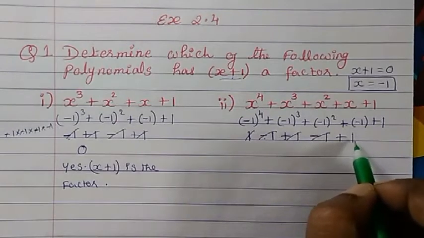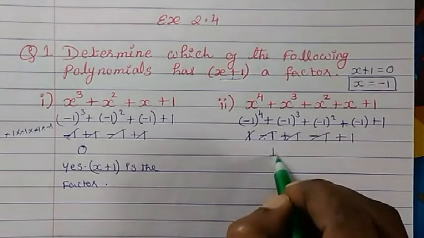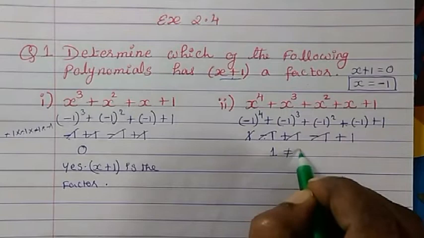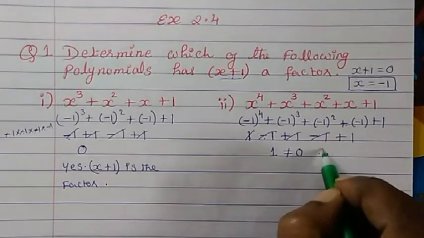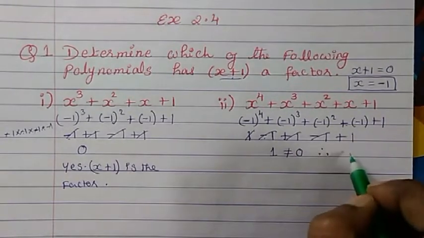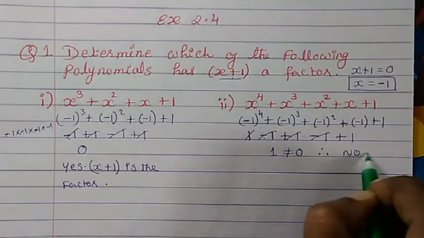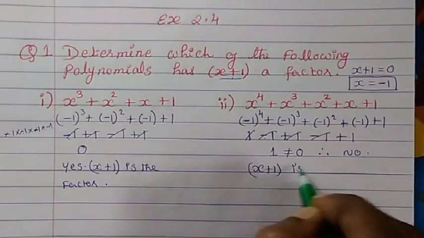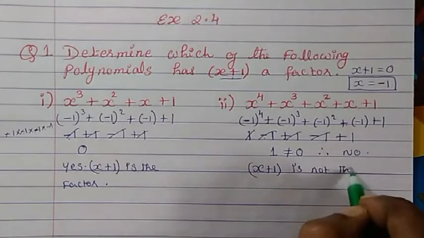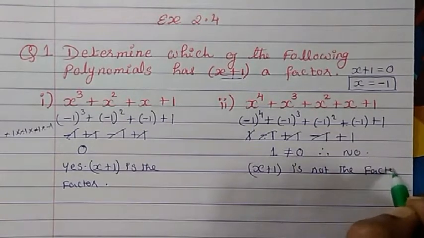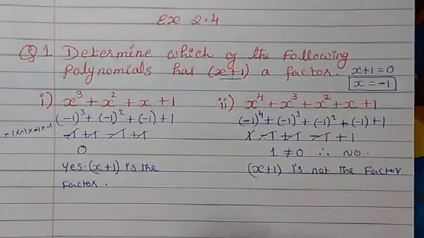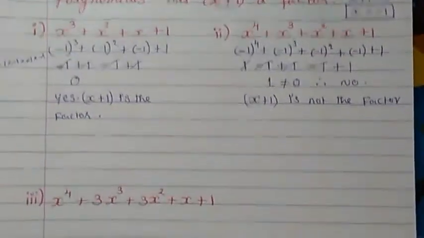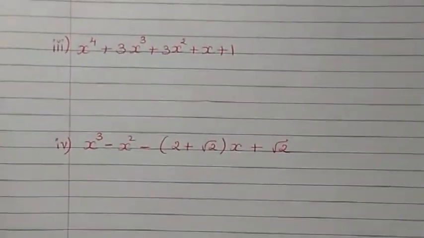Then we have 1 as an answer. Now 1 is not equal to 0, so the answer is no. x plus 1 is not a factor of this polynomial. Now let's move on to the third sum.